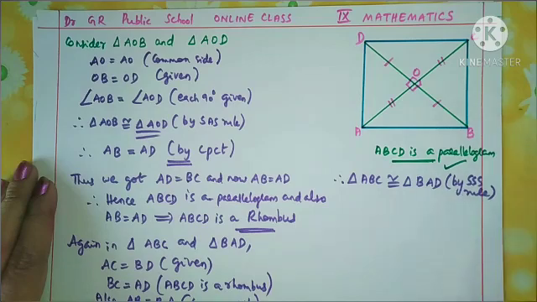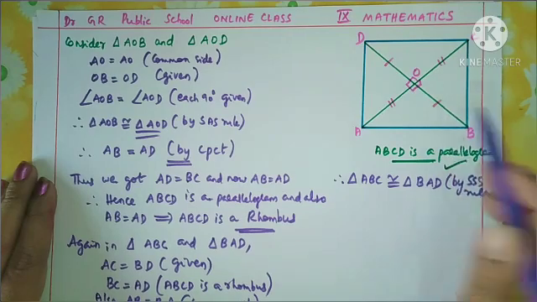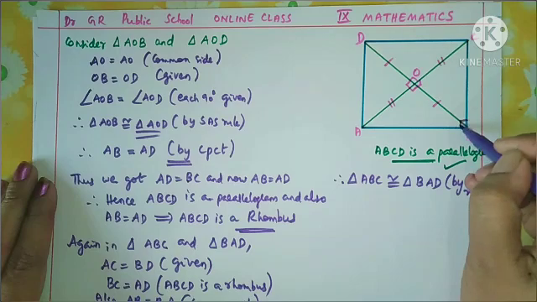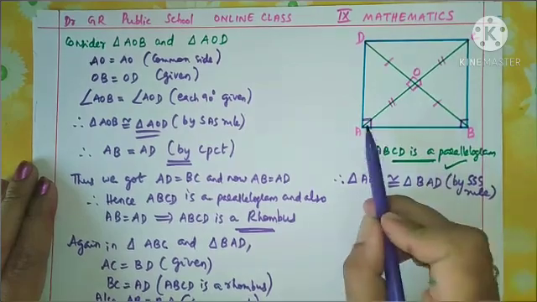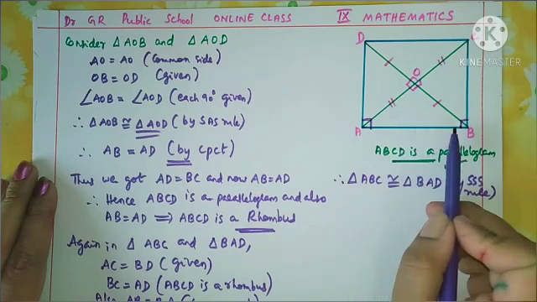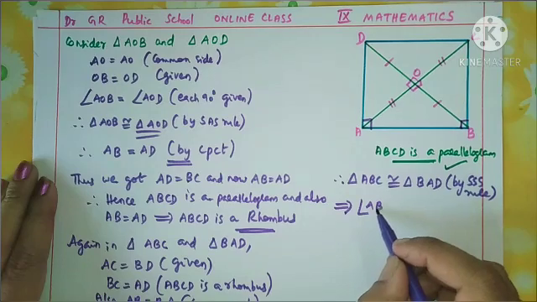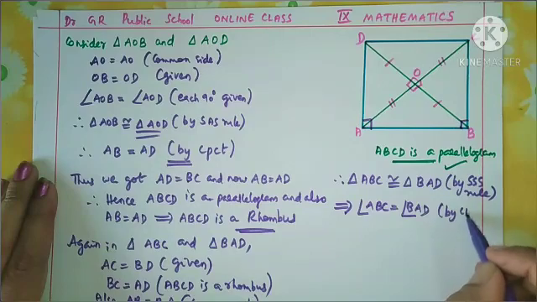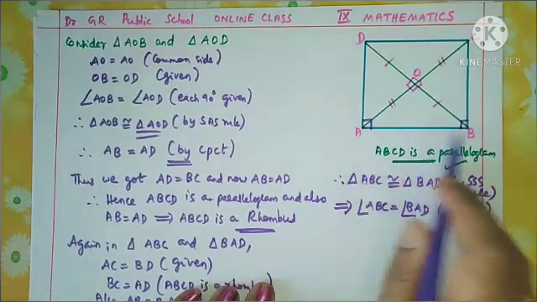Now, what about the angles ABC and BAD in these two triangles? These two angles are corresponding parts of two congruent triangles. So that implies angle ABC is equal to angle BAD by CPCT. So the two angles we got, they are equal.